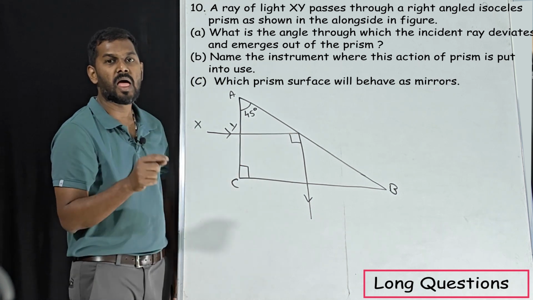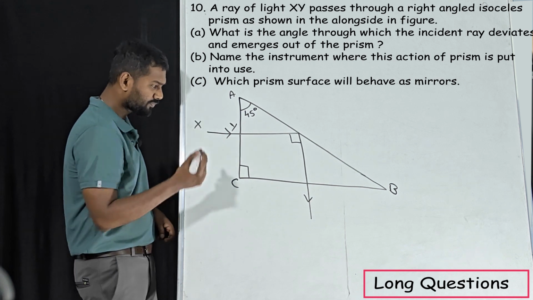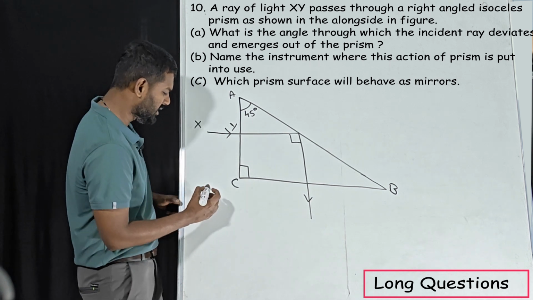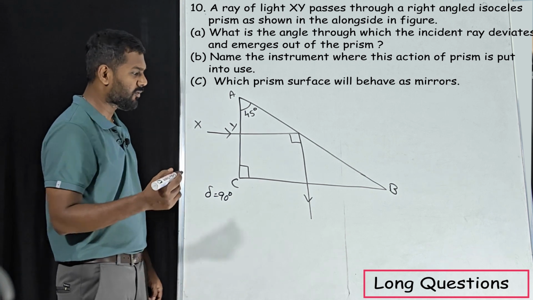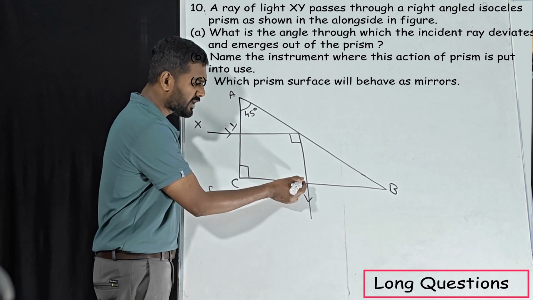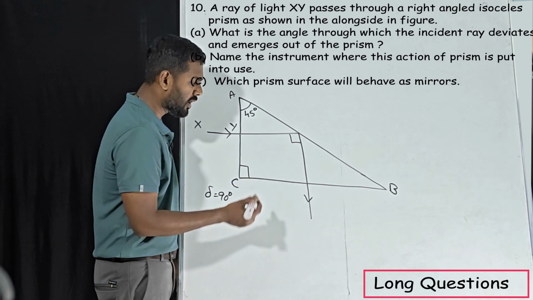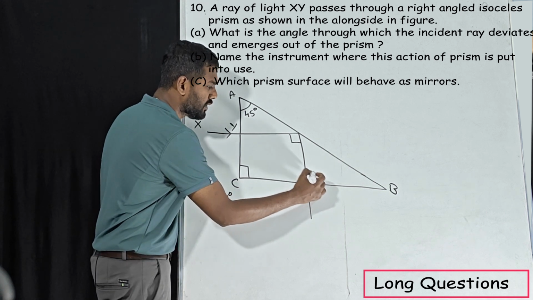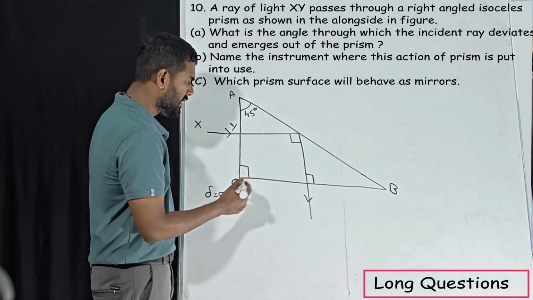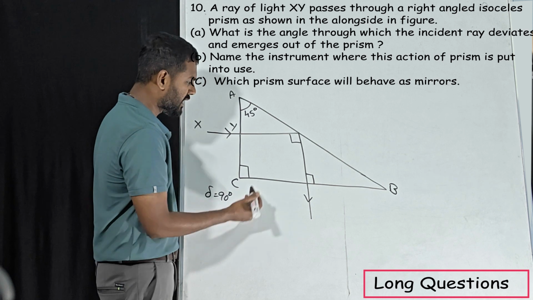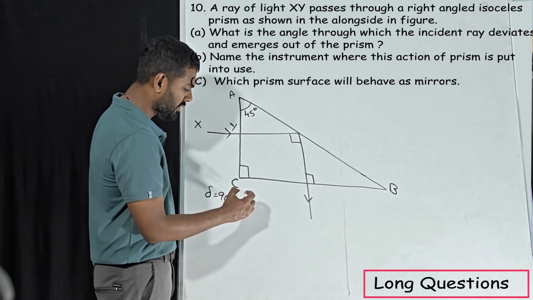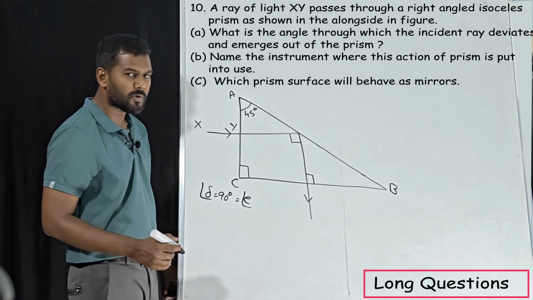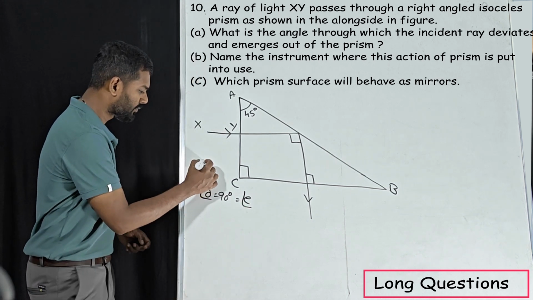This angle is the angle of deviation. So here angle of deviation is 90 degree. Then angle of emergent. What is angle of emergent? Whenever the ray is going out, what angle is it making? It is making 90 degree. This is the given diagram. So angle of deviation is equal to angle of emergent. So first question is done.